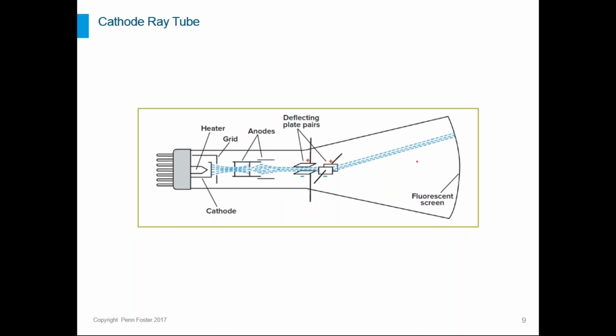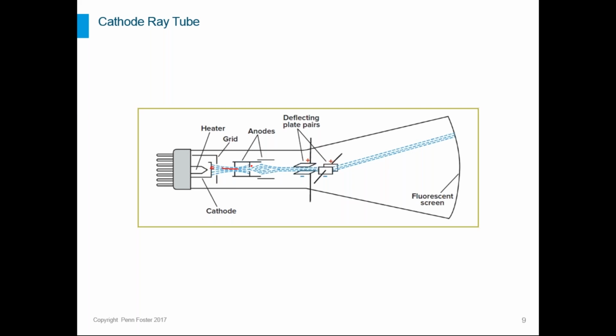In a cathode ray tube, the cathode emits electrons, and a grid and an anode and some deflecting plates are used to control the beam of electrons. They're emitted here and originally just come out of the cathode, and then right away they start to be controlled.